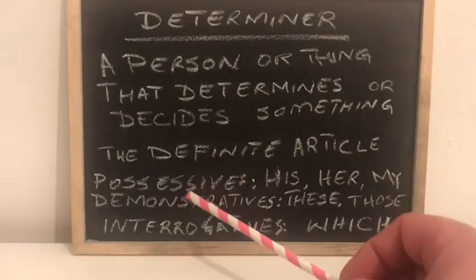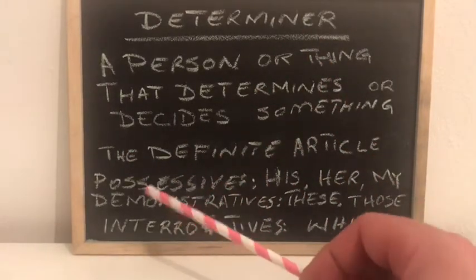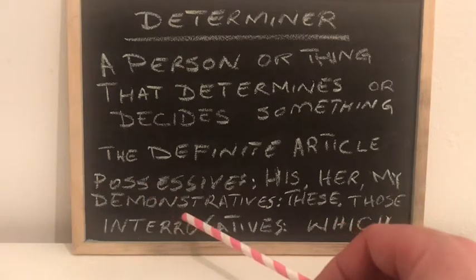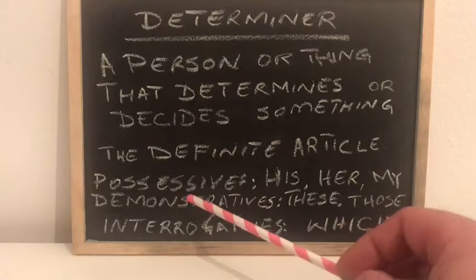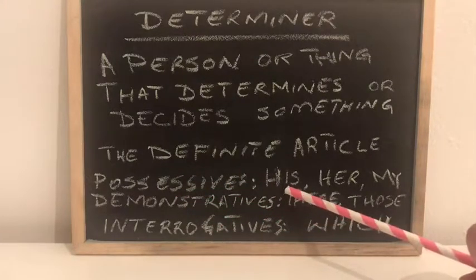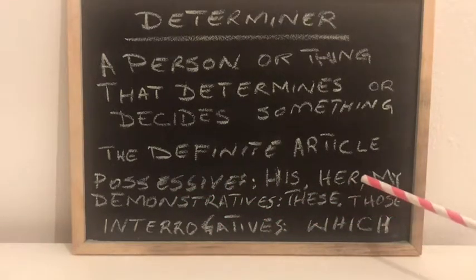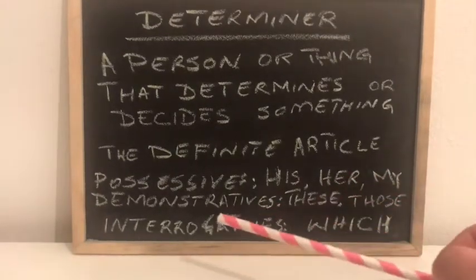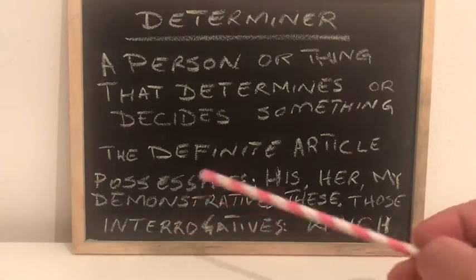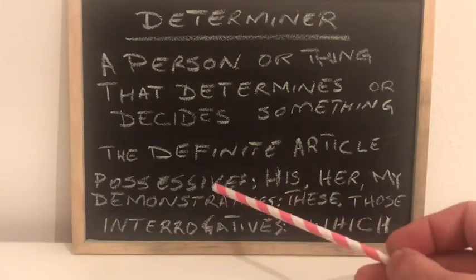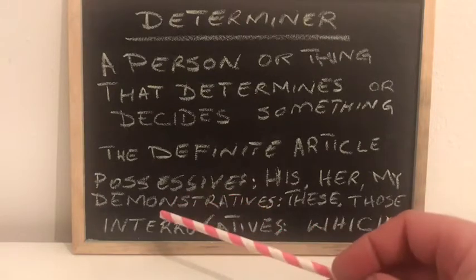Determiners are of three types: possessives, demonstratives, and interrogatives. Possessives like his, her, its, mine, yours, ours, their, whose. These are all examples of possessive determiners.